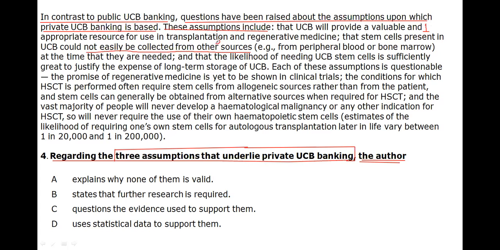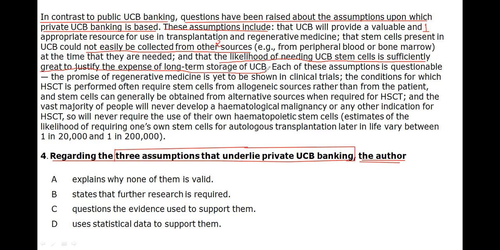This is the second assumption. And third is the likelihood of needing UCB stem cell is sufficiently great to justify the expense of long-term storage of UCB. So basically, what happens here is each family stores UCB, and probably if anyone in the family needs it in the long term, that can be used.